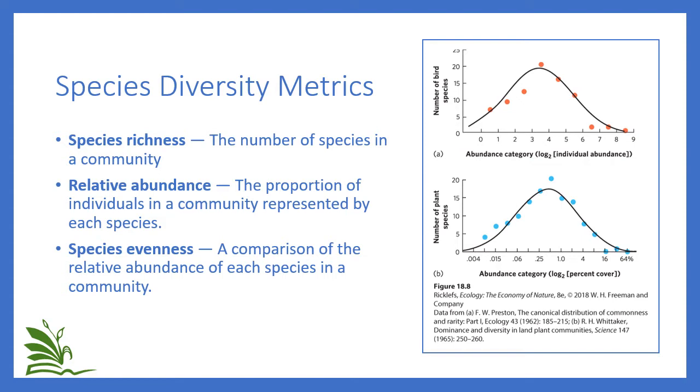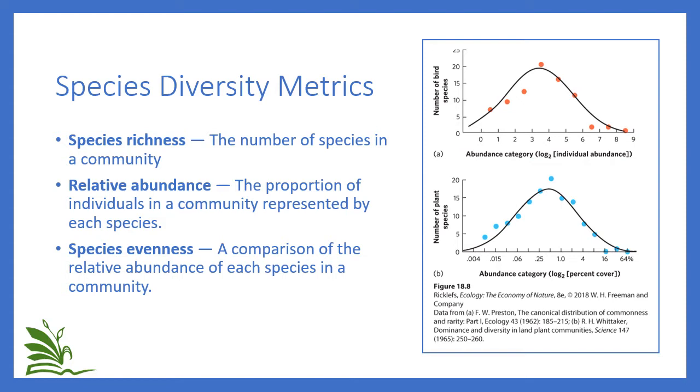So on the right-hand side, you can see a graph of R.H. Whitaker and Preston, two very important ecologists, old dead white guys to be clear, but very important ecologists who basically coined some of these species diversity metrics or started using them in real ways.